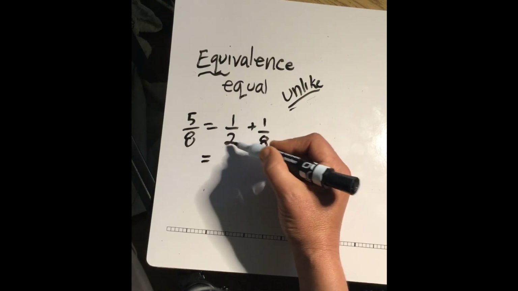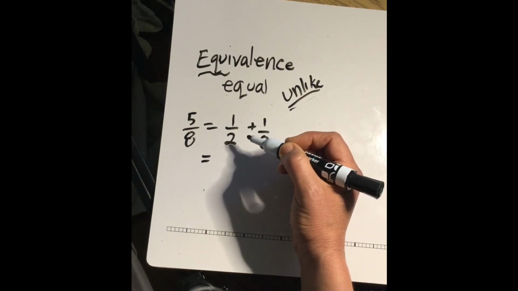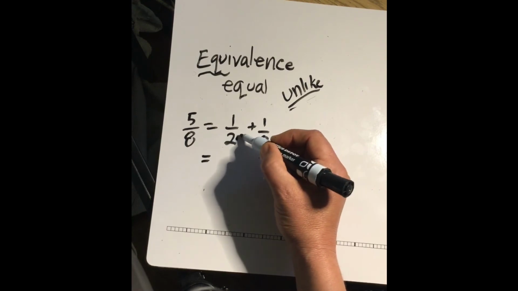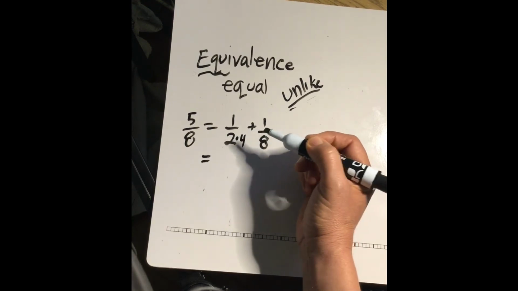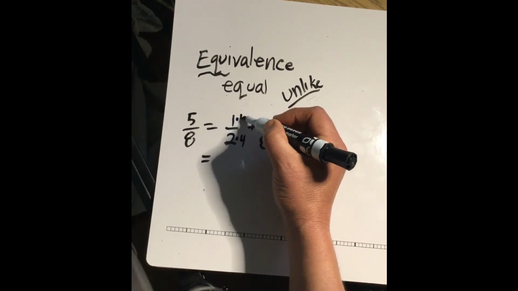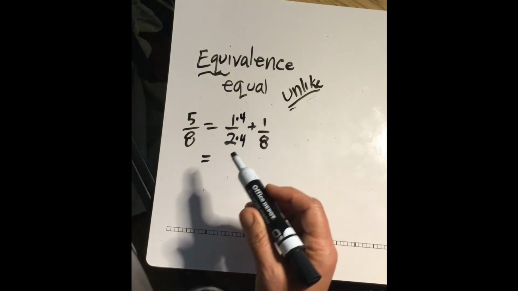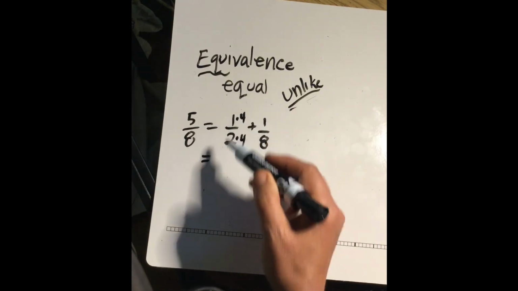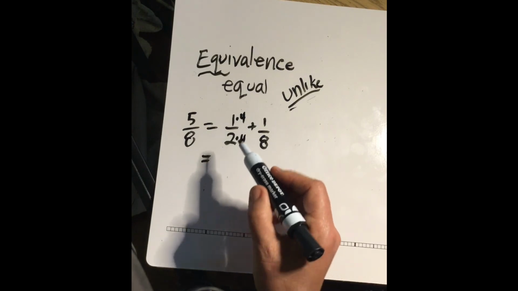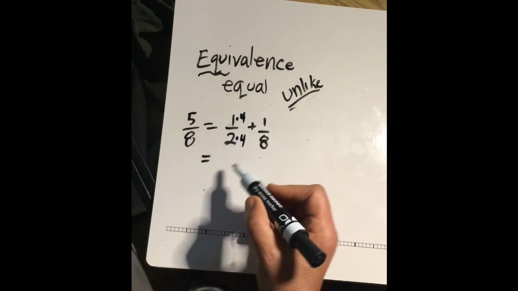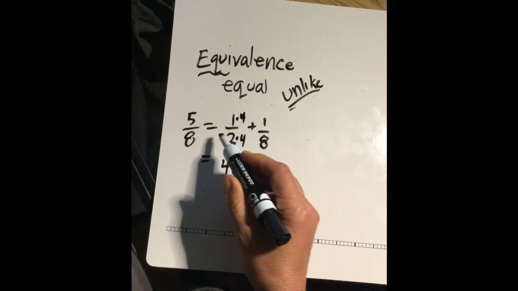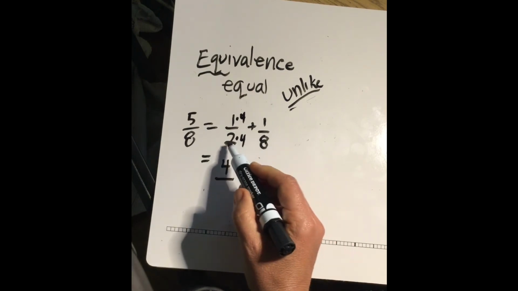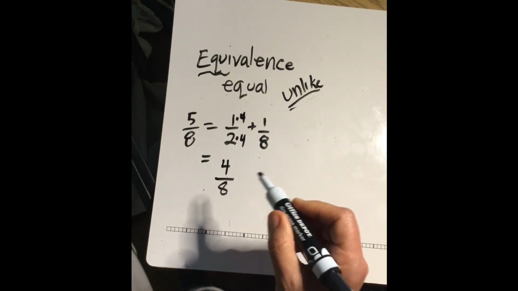So what do I multiply times 2 to get 8? Right, 4. Whatever I do to the denominator, I'm going to do the same thing to the numerator. So after I change this and make it an equivalent fraction, I'm going to end up with 1 times 4, which is 4, over 2 times 4, 8. Yay, I got my eighths.